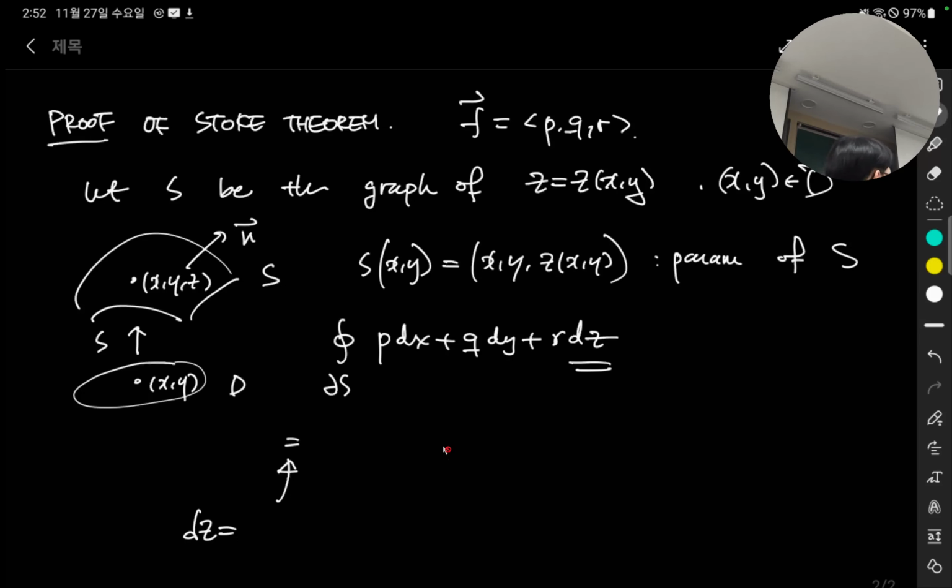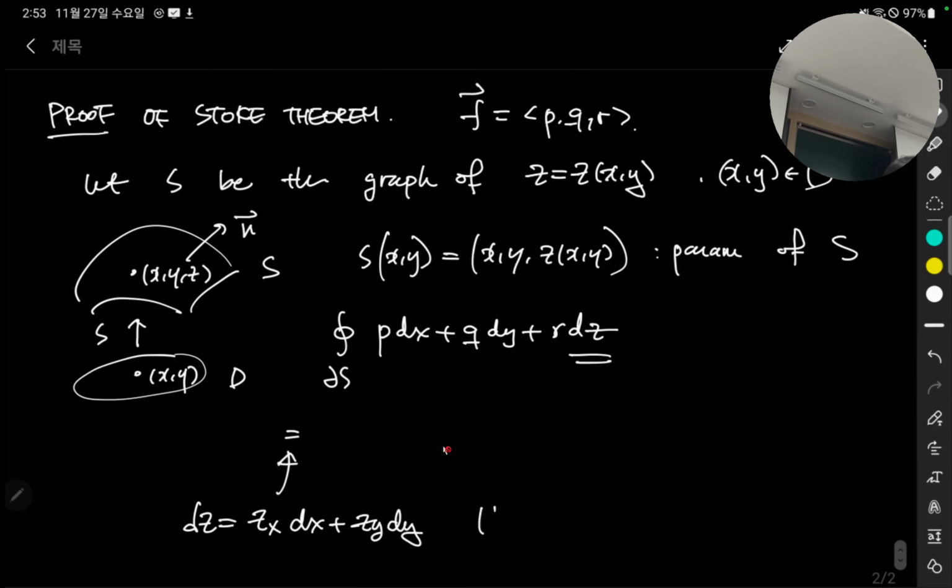And how do you make a small increment of z? It's by a small increment of x and y. So it depends on how much you change your coordinate xy into delta x and delta y amount. And for each amount of change, your delta z is going to change this much.